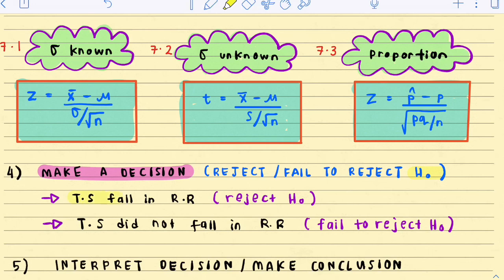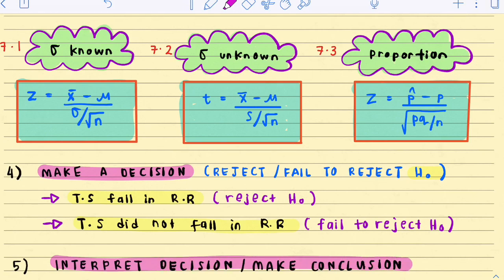When your test statistic value falls in rejection region, meaning that your value in step 3 just now falls in the rejection region, your decision is reject null hypothesis. When your test statistic value does not fall in rejection region, your decision will be fail to reject null hypothesis.